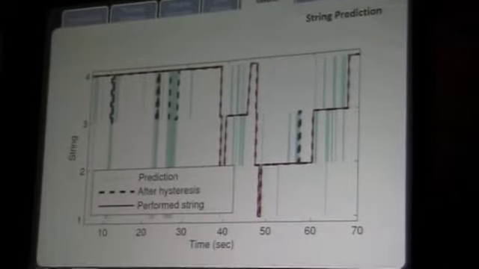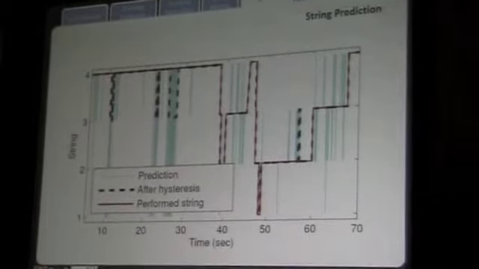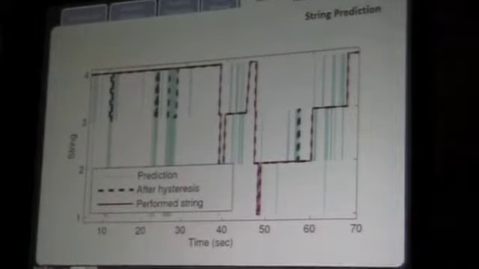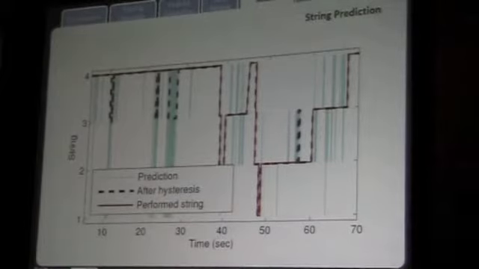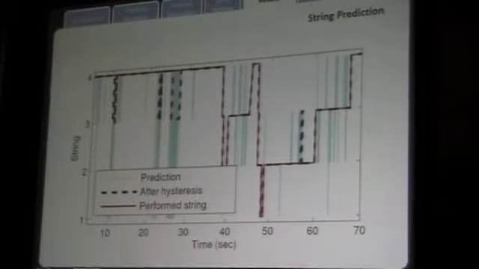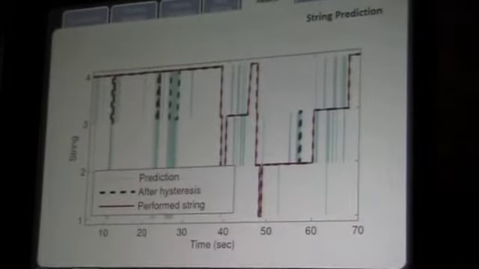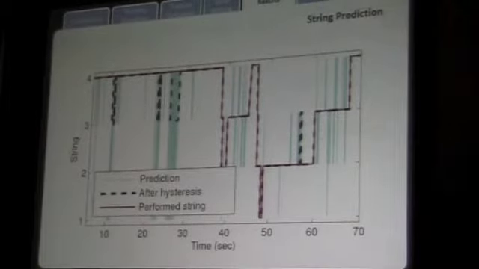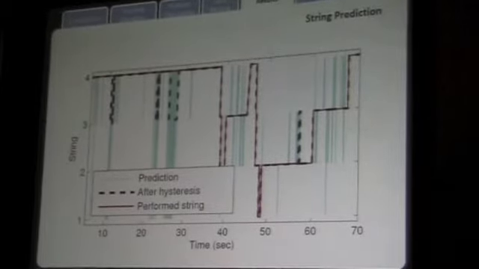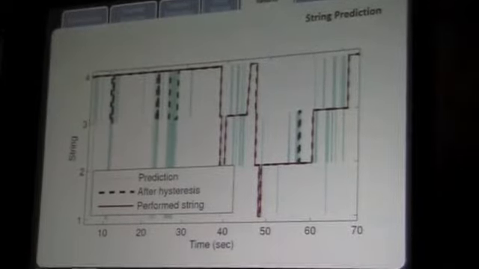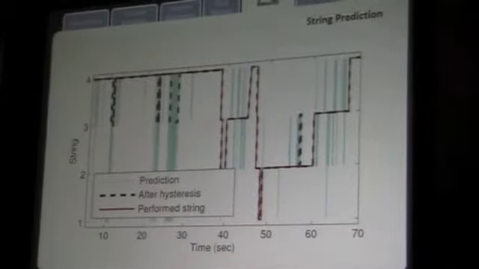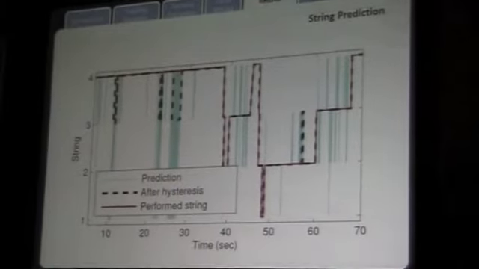We have the ground truth of the string, which is in red. In blue, green is the prediction, and you can see that sometimes there are sudden changes in the prediction, which shouldn't happen because it's not possible if I'm playing. This happens because we are not taking into account the time evolution.